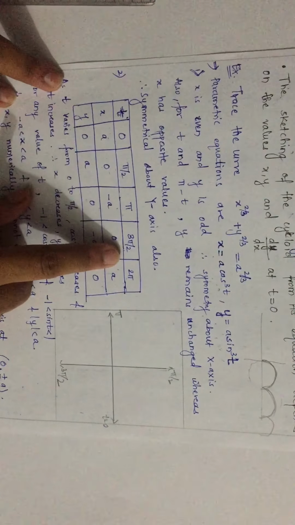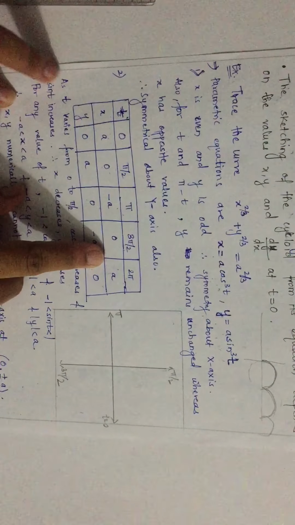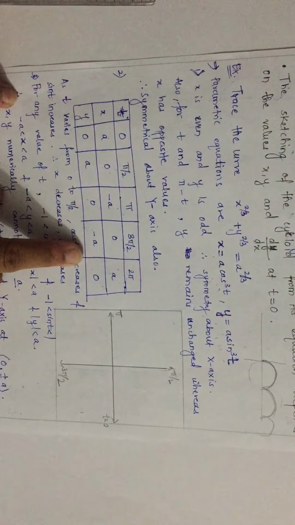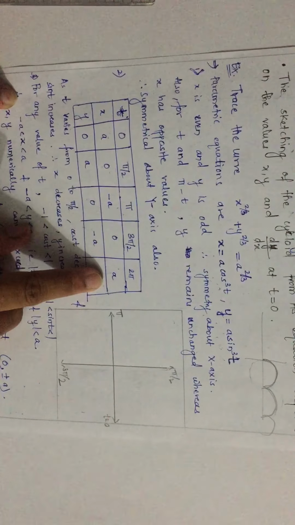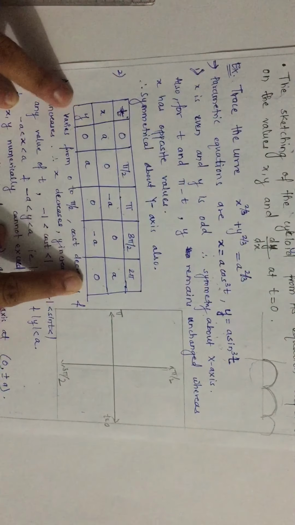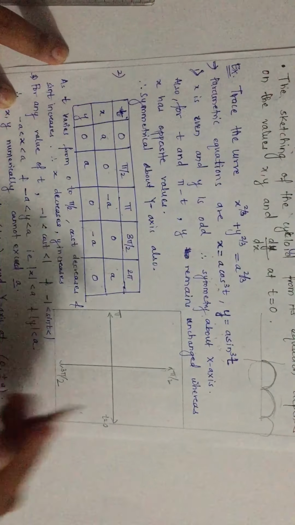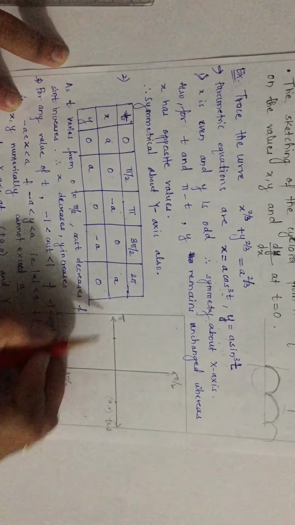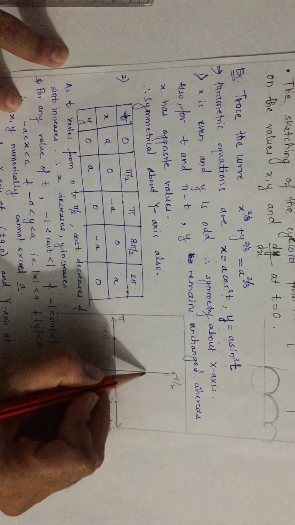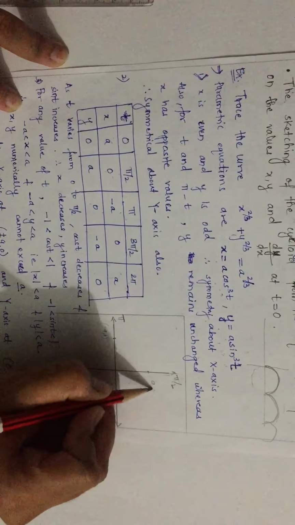Then from pi to 3 pi by 2, x goes from minus a to 0, y goes from 0 to minus a. In 3 pi by 2 to 2 pi, x varies from 0 to a, y varies from minus a to 0.